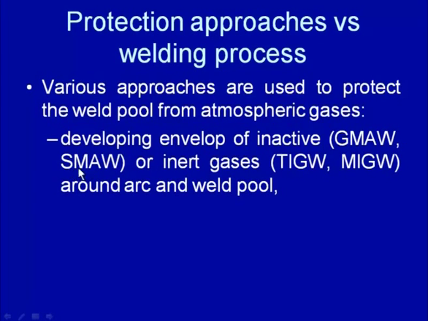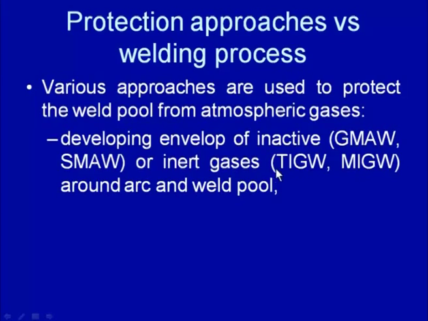So, these inactive gases are formed all around the arc zone, and that helps to protect the weld pool. Similarly, inert gases like helium and argon can be used to protect the weld pool, and this is mainly done by supplying a jet of inert gases like helium and argon around the arc through the nozzle.